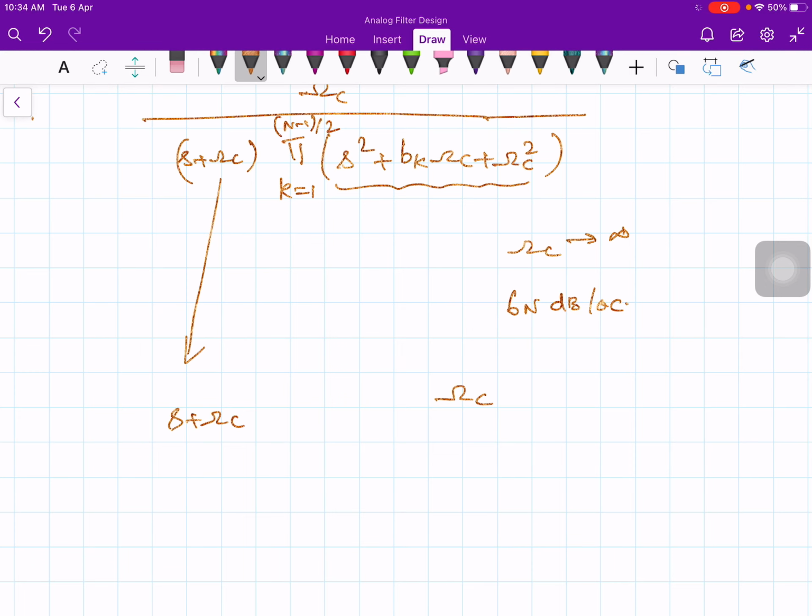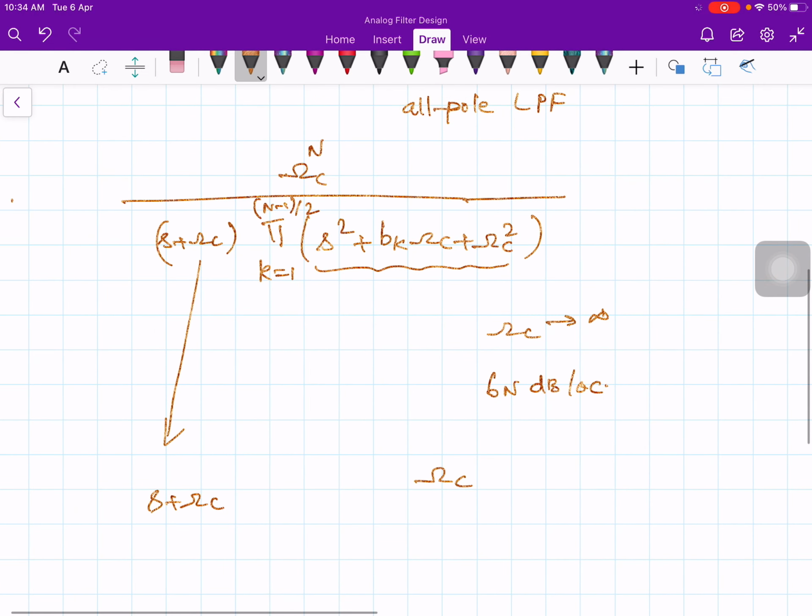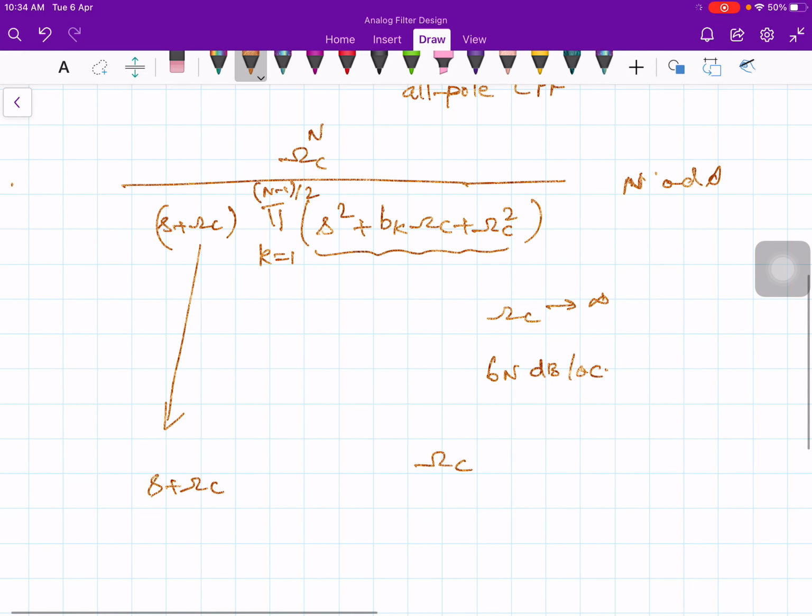And if capital N is odd, this is the transfer function. Okay, so the transfer function would be of the form omega c to the power N divided by s plus omega c multiplied by continued product of s squared plus bk omega c s plus omega c squared, and the limits are k equal to 1 to (N minus 1) by 2.